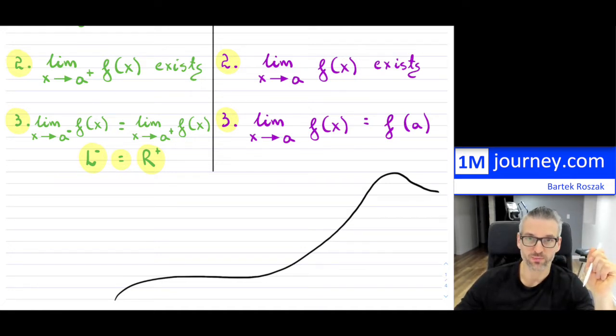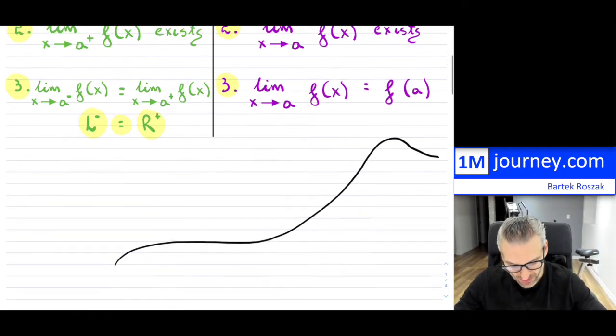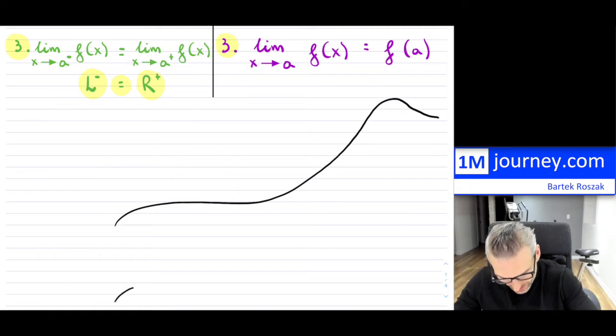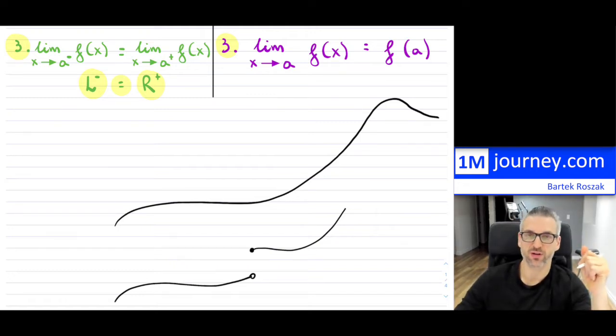Of course, there's a little bit more, because we don't want to run into some other issues. But as soon as you have to lift your pencil, maybe because the function is not defined here, and then continue on over here, you're creating some kind of discontinuity at that point.